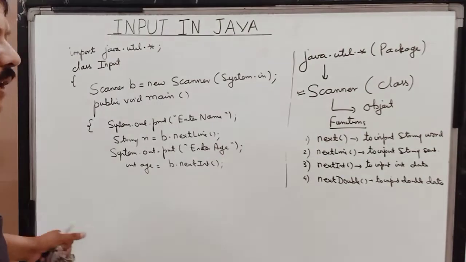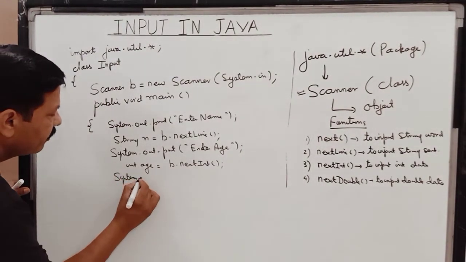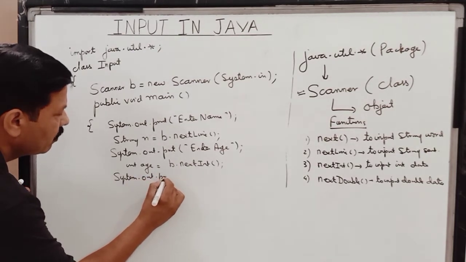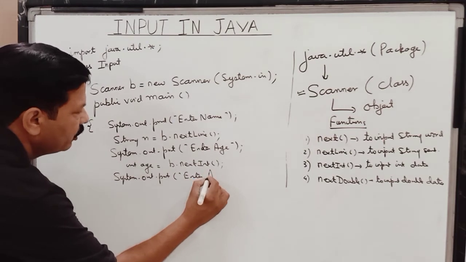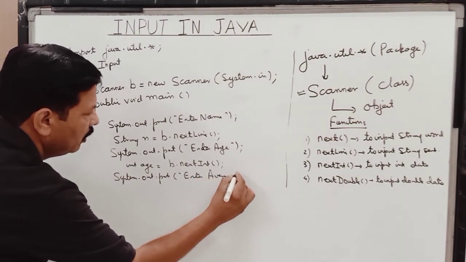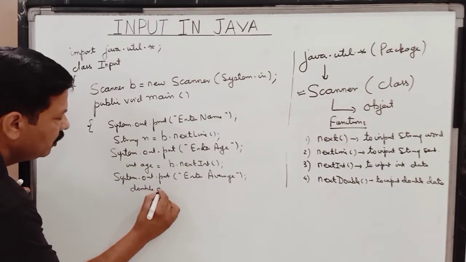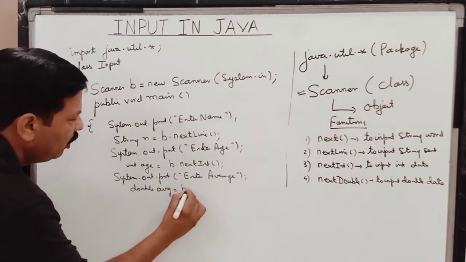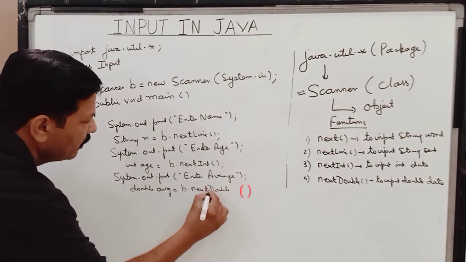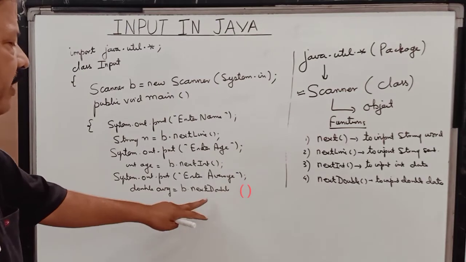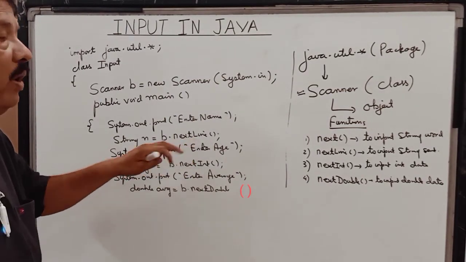Say if I want to enter some double value, so say for example I say enter average, and I want to enter this average as of type double, so I will say B dot next double. And children, in these functions, double D is capital, integer I is capital, line L is capital, there is no gap in between.